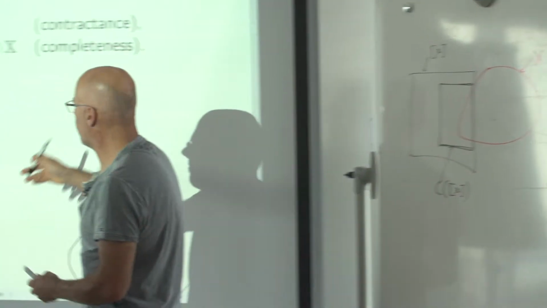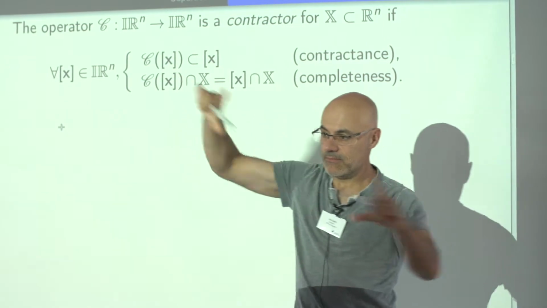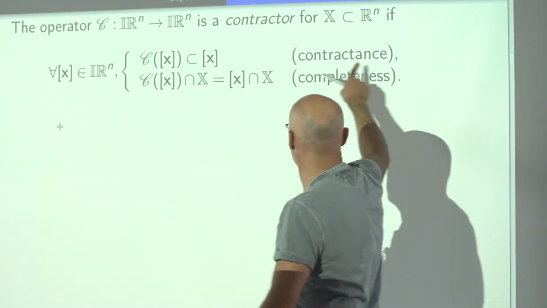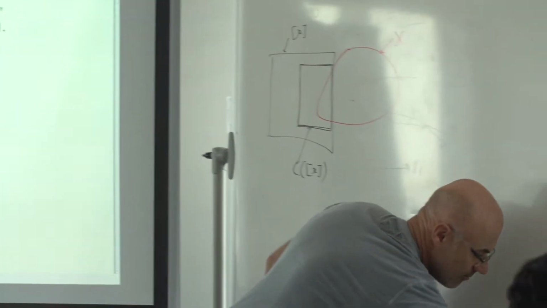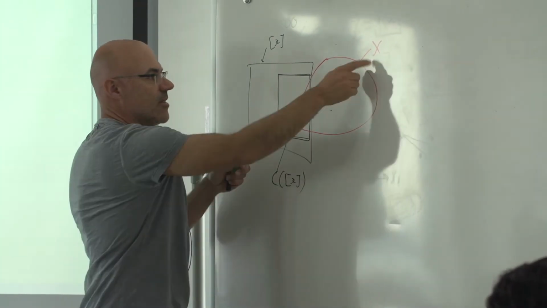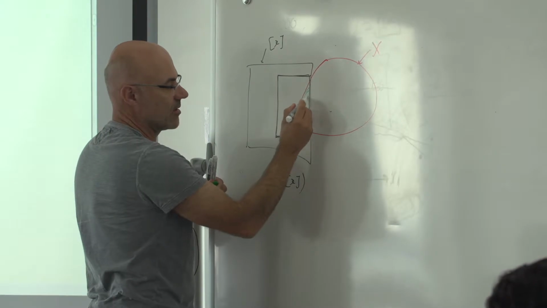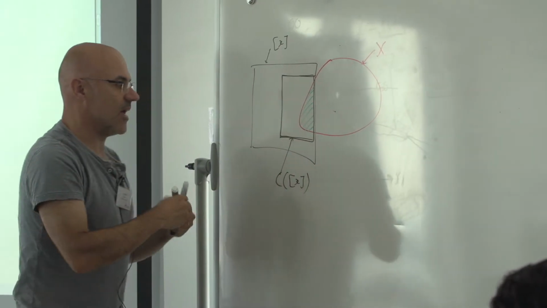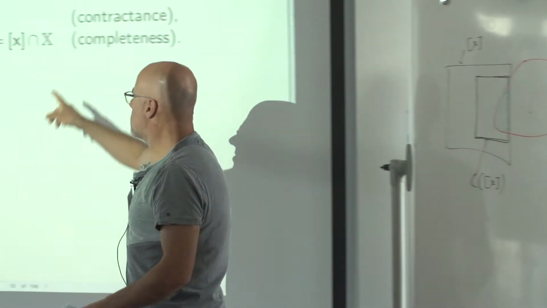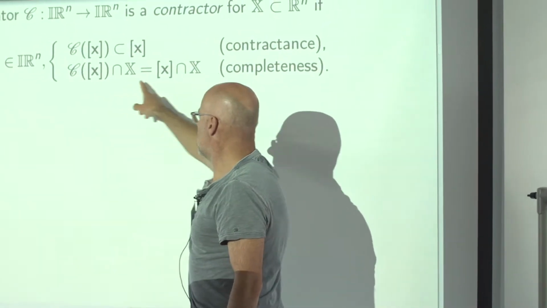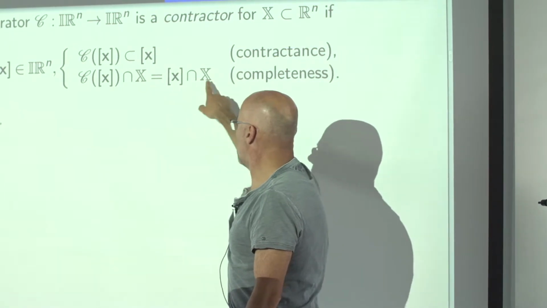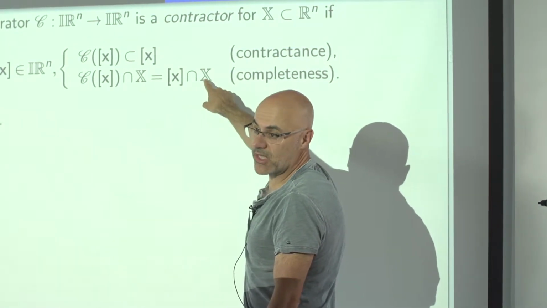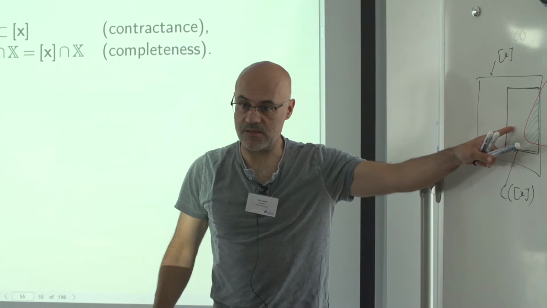So as you can see, it contracts because of the inclusion, but also the intersection between x and the set, which is here, before and after contraction is the same. It means that the contraction did not remove a single point which is inside the solution set. Can you understand this? This is important.